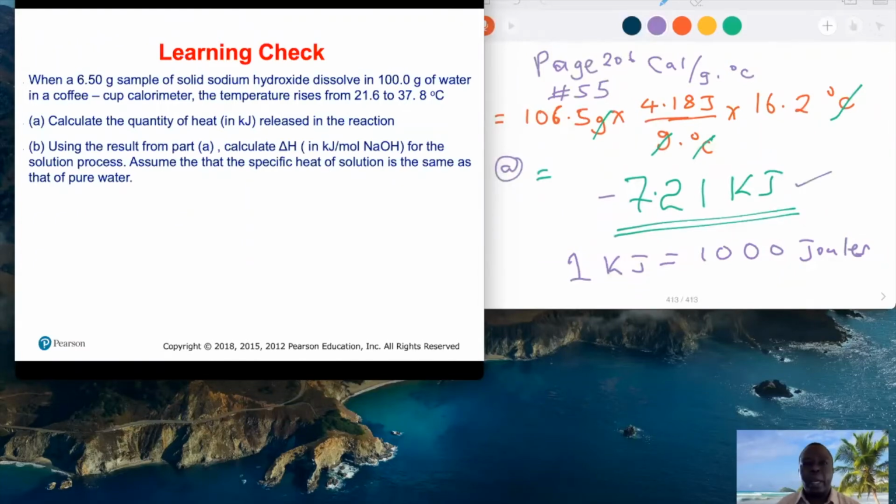Now let's look at part B. Using the results in part A, which you already know, the amount of heat released, calculate the heat of reaction in kilojoules per mole of sodium hydroxide. If it was per mole of H2O, you'd have to find the number of moles of that.